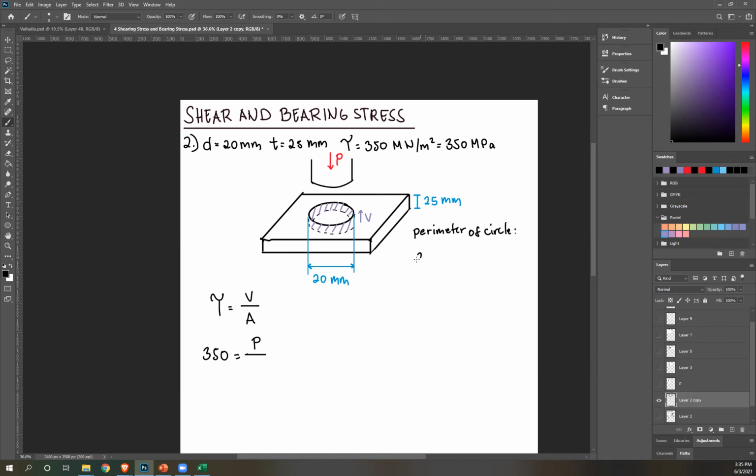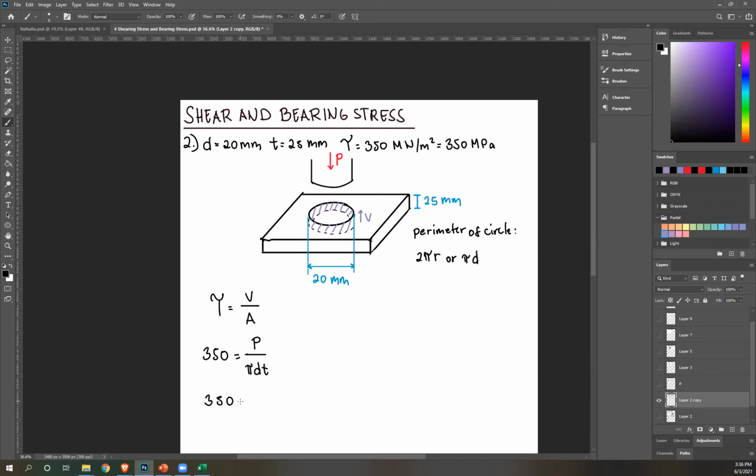That's 2 pi r, or pi d. And then we multiply the perimeter of your circle by this thickness to get the area experiencing shear stress. That's why we don't have r, we have d. So we're going to use pi d multiplied by this thickness, which is t.